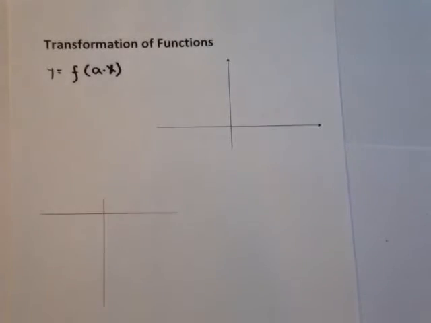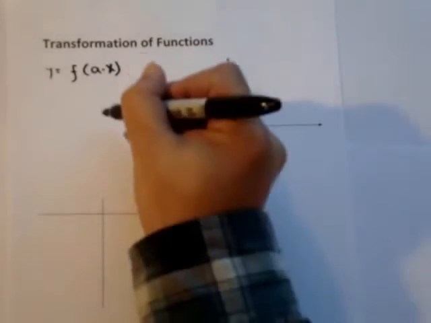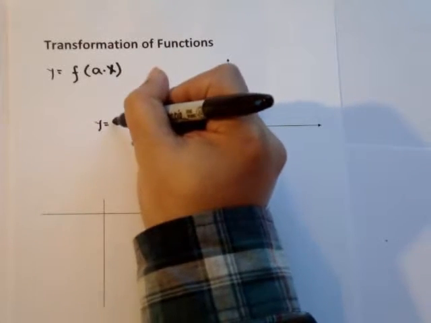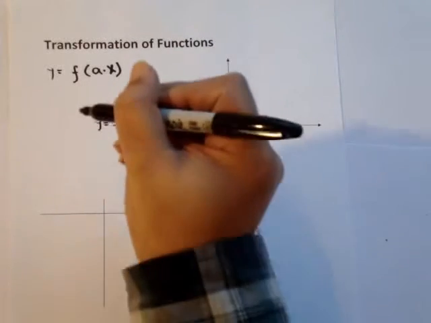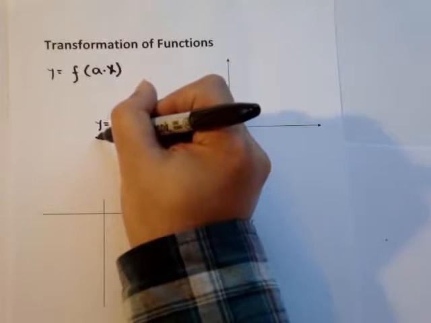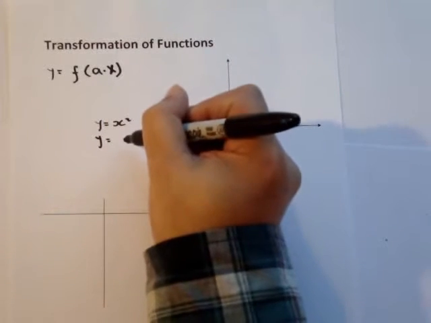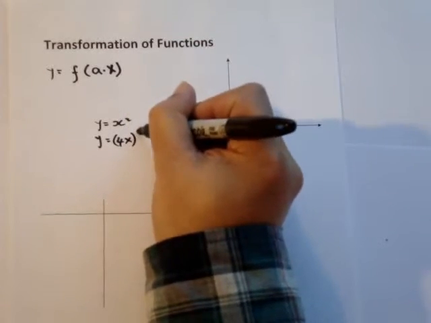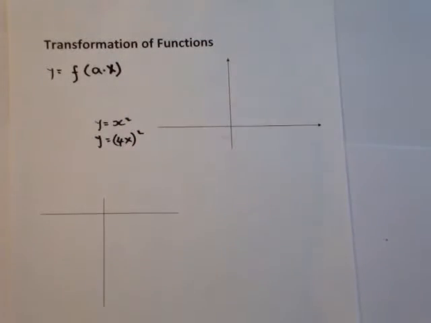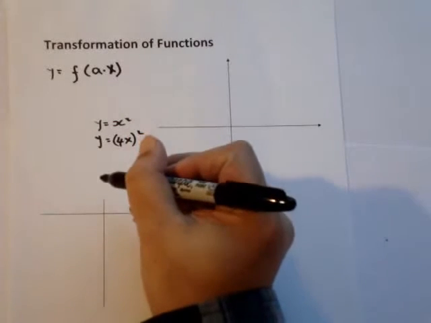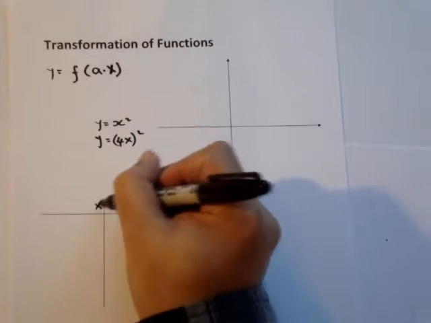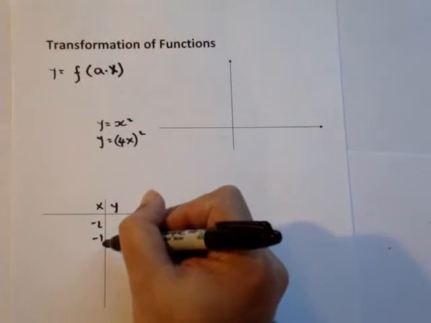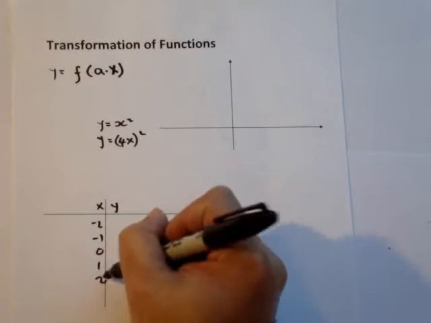So our parent graph is y equals x squared, and our transformed graph is y equals 4x squared. On our t-table we have our points of interest, x and y: minus 2, minus 1, 0, 1, 2.